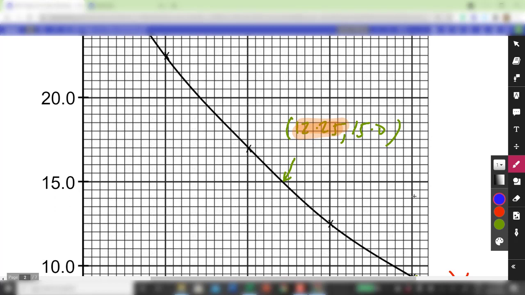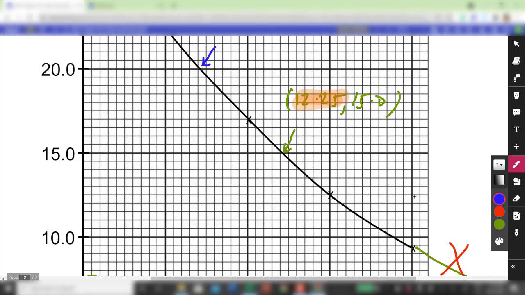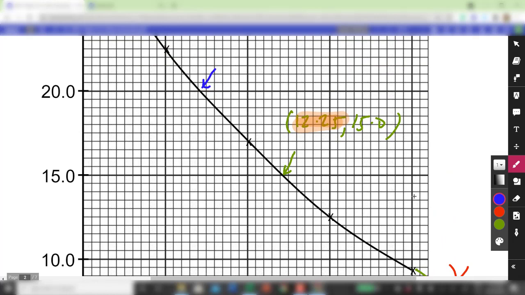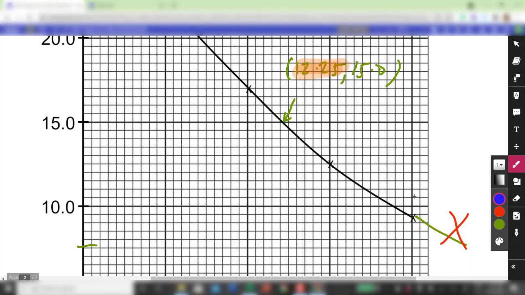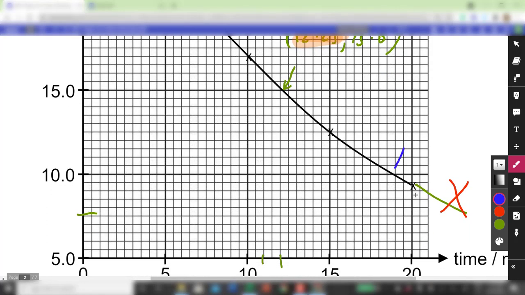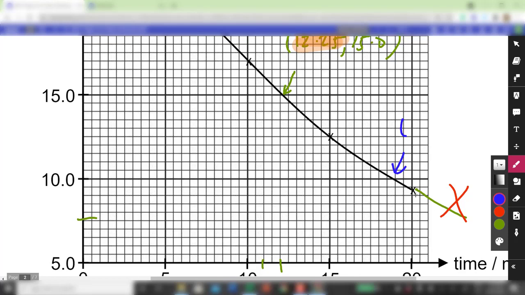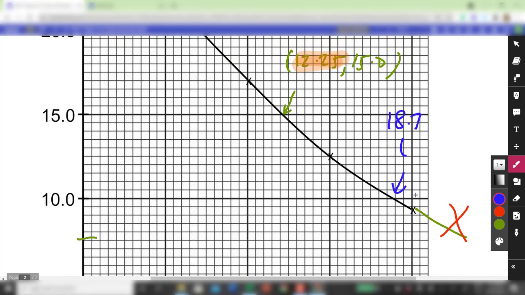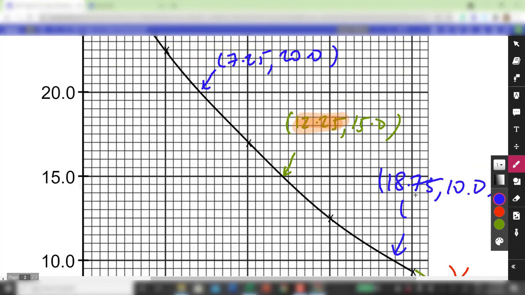Maybe we look at from 20 to 10. Let's see what's the value. That's 5, 6, 7, so that's about 7.25 for 20.0. And then for this one, it's maybe about 19, but it hasn't hit 19, so that's about 18.75 for 10.0.